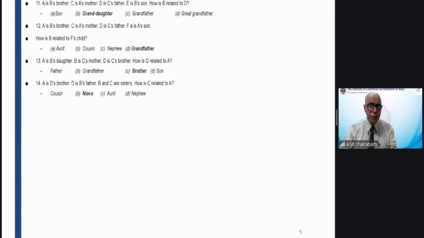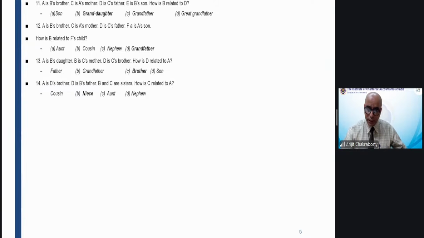Through one statement, we are getting two facts. B and C are sisters, and D is B's father. So automatically we draw the family diagram: A and D are at one level. They are both brothers, so they are male. D has a child B, and it is given B and C are sisters, which means both B and C are female. And D is the father of both B and C.